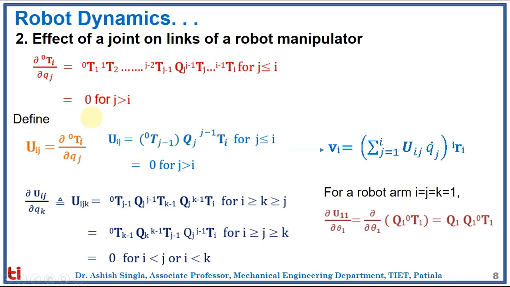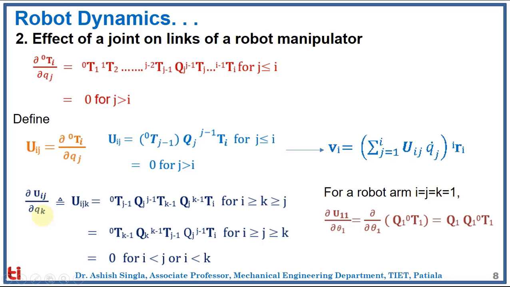Hence it is 0. Now we define a new term Uij to represent the partial derivative of the transformation matrix with respect to the generalized coordinate. And Uij is this expression for j less than or equal to i, and equal to 0 for j greater than i. We define another new term Uijk, which is nothing but the partial derivative of the previous term with respect to qk.